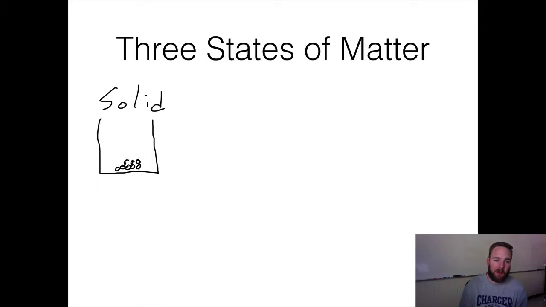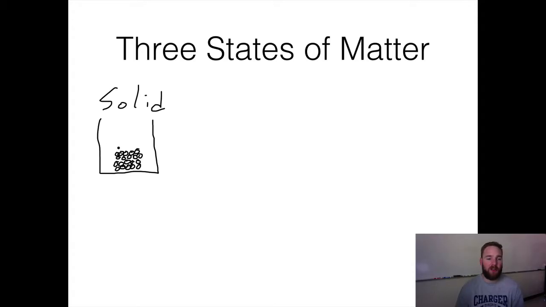So we're looking at the molecular level of water or any solid, I guess. So it would be an ice cube, right? But let's talk about solids. Solids have a definite shape, as you see this block of whatever does, and a definite volume, meaning we could take the length times width times height of that and come out with a definite volume, right?